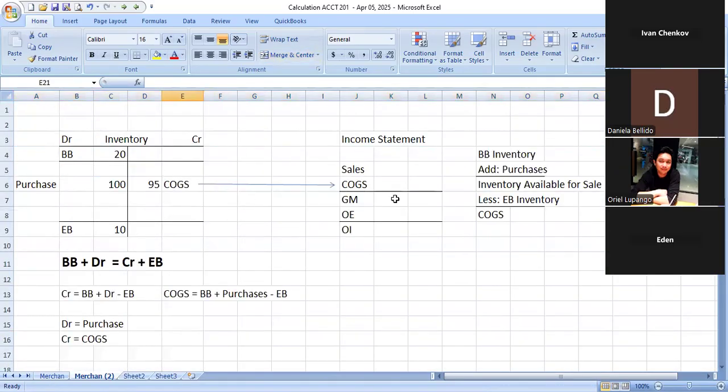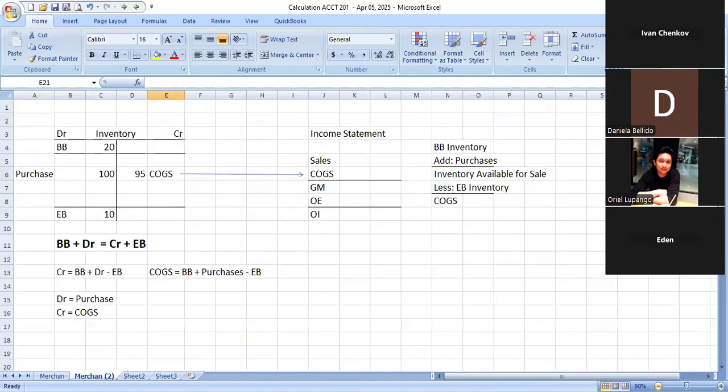So now in order to flip to the manufacturing company, we have to understand how many inventory accounts we have. In a manufacturing company, cost of goods sold is not coming from the inventory. I mean, it's still an inventory account, but it's not called inventory.